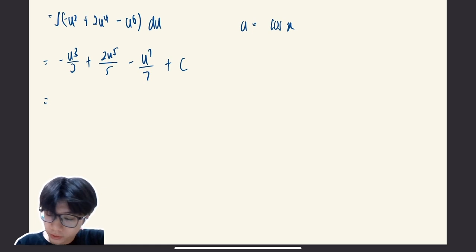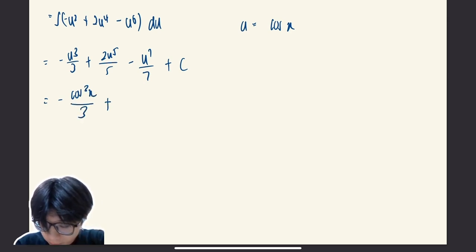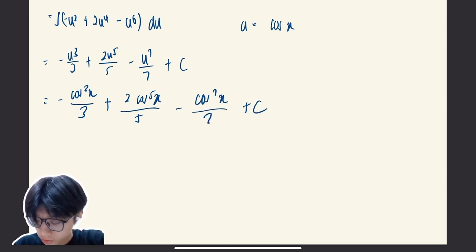Then you substitute back u is equal to cos x, and you will be getting cos cubed x divided by 3 plus 2 cos to the 5 x divided by 5 minus cos to the 7 x divided by 7 plus constant.